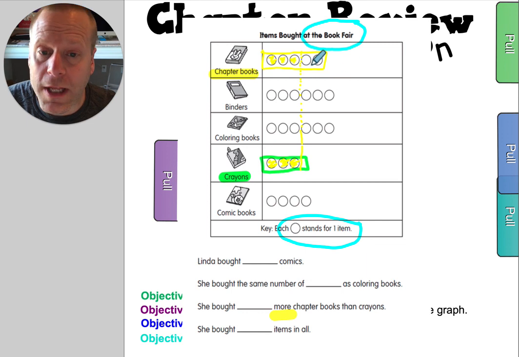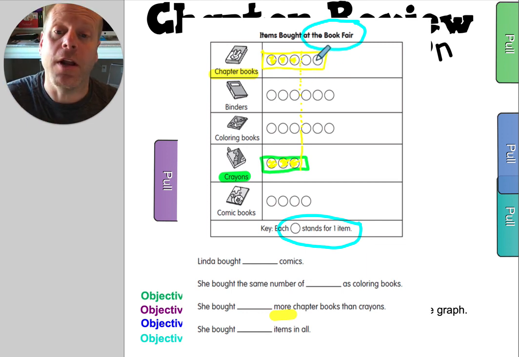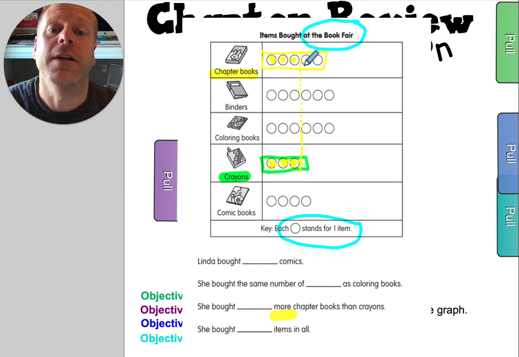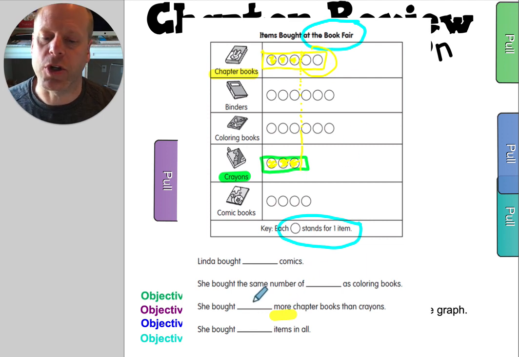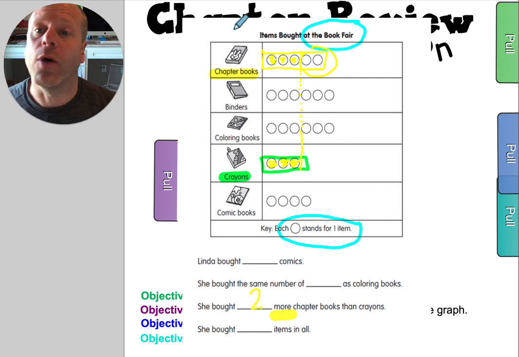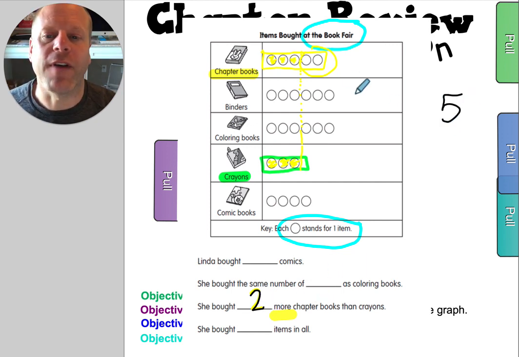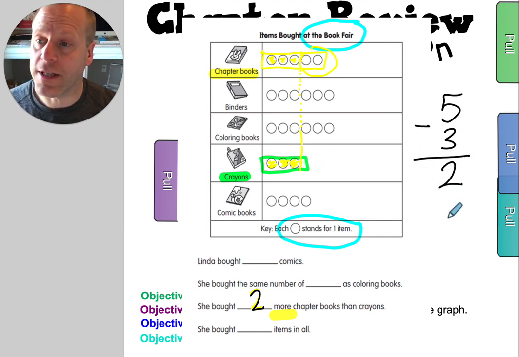And then the only part that's sticking out, that's the more part. That's the answer to a question when they ask you how many more or how many less. And I'm going to make that a little darker so you can see it. The other way to think about it is there are 5 chapter books. There are 3 crayons. 2 is the difference.